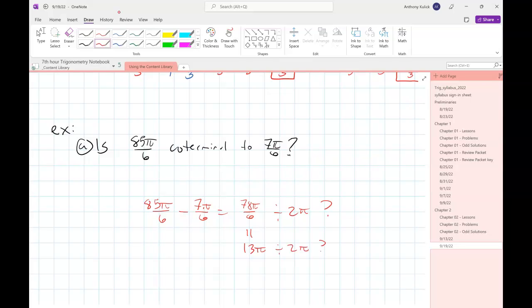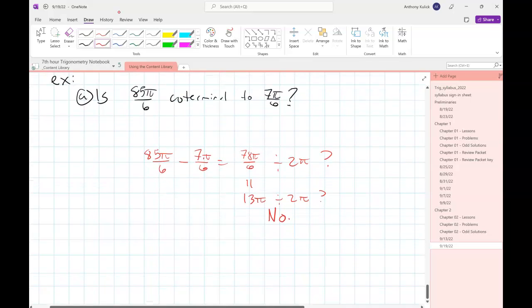Is 13 pi divisible by 2 pi? No. So are they coterminal? No. Because to go from 7 pi over 6, you would have had to add something other than a multiple of 2 pi, right? If you add 2 pi and 2 pi and 2 pi, you can't get to 13 pi.